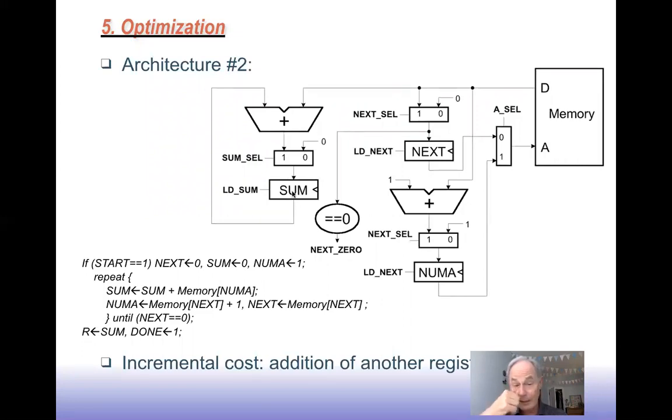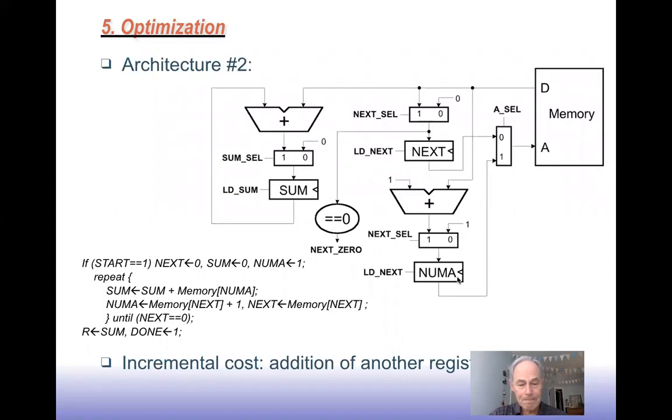And then on the next cycle, we do memory of next. So the next value gets sent to the memory as the address. What comes out is the new next value. That goes into this register here. At the same time, we send it down to this adder where we add 1 to it, and on the same clock edge as when we change next, we also change NUMA to be next plus 1.